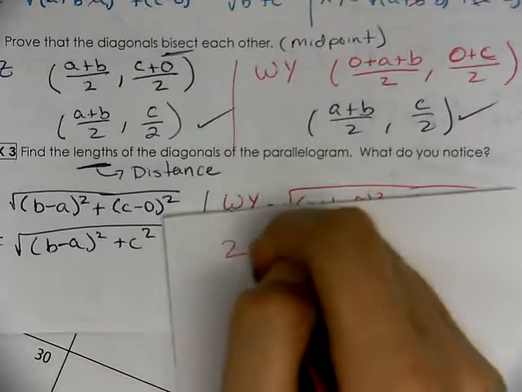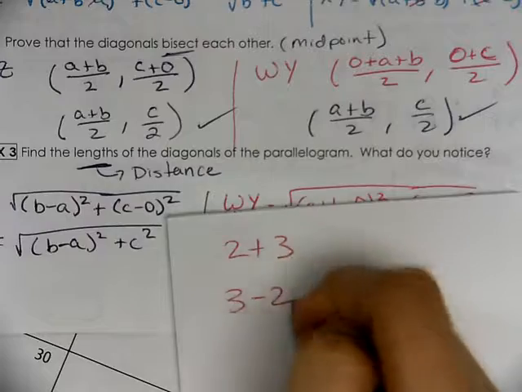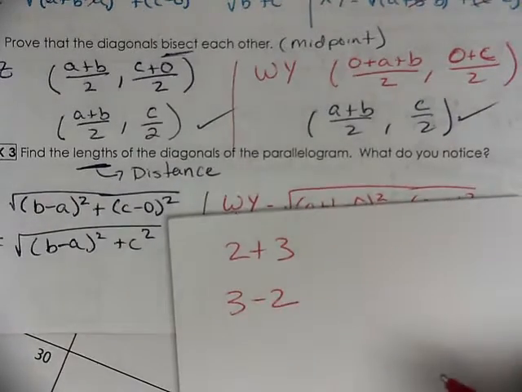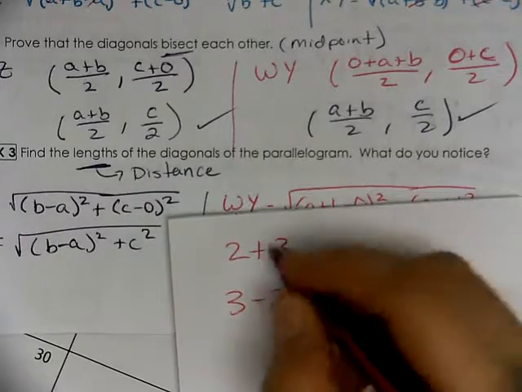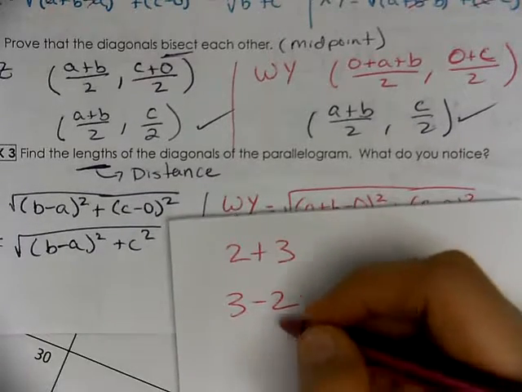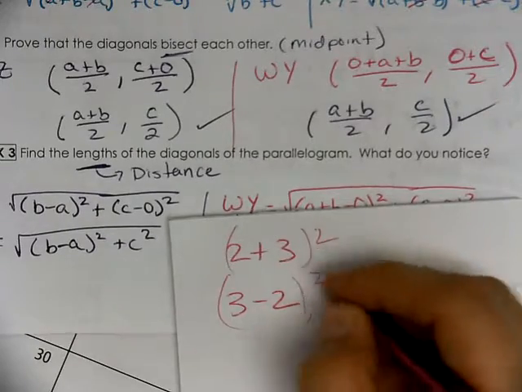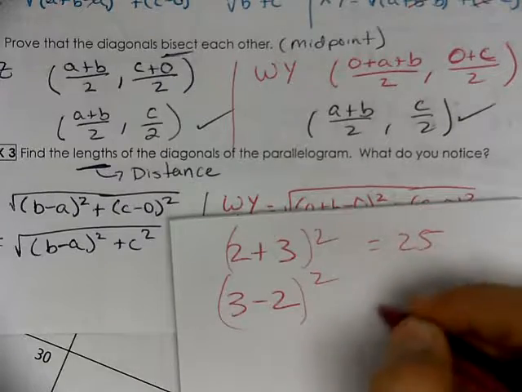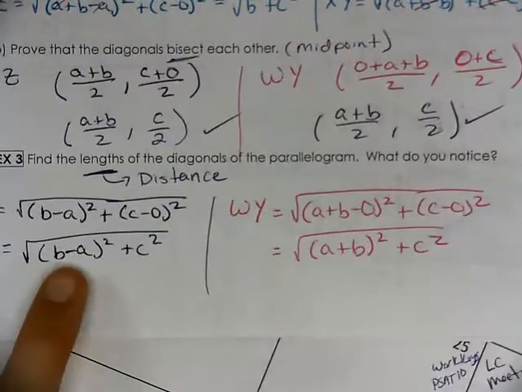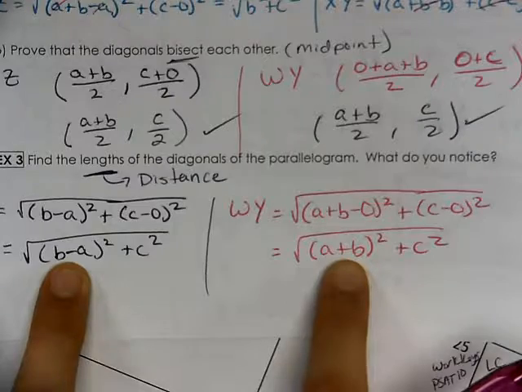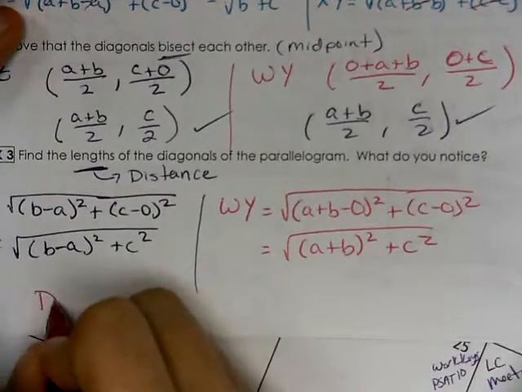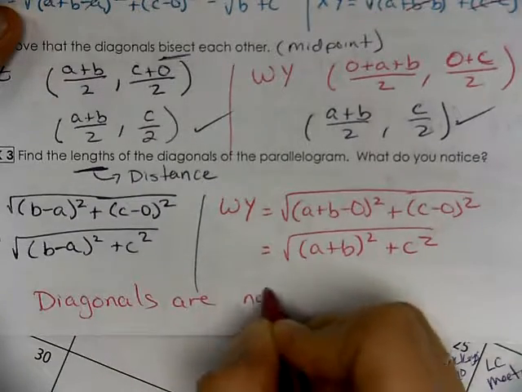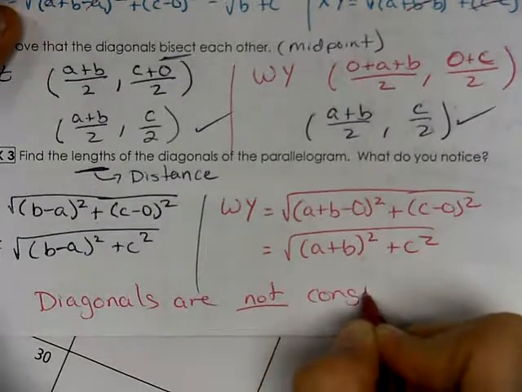Right? 2 plus 3, is that the same as 3 minus 2? I know, I'm making sure you know. These are not the same thing. And even if I square them, it's really not the same thing. This turns into 25 and this turns into 1. So because these two things are not the same, the diagonals are not congruent.